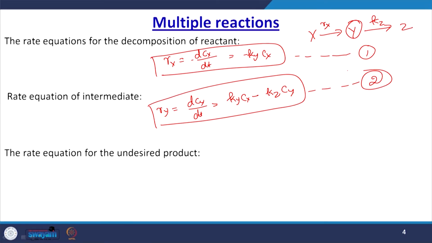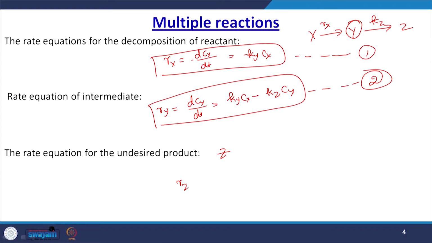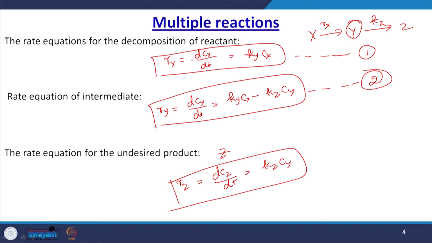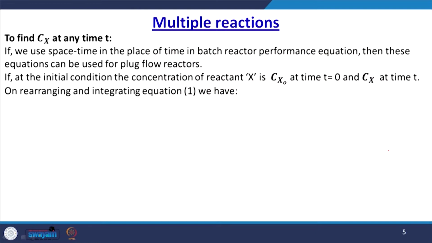Since here we experience the formation of undesired product Z, the rate equation for the undesired product can be written as Rz is equal to dCz/dt, which is equal to kz Cy, and this is equation number 3. Now sometimes we need to find the concentration of X at any time.